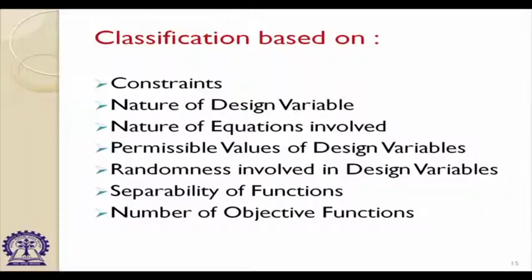And the last point that is very important: in real life situations, it may happen we may not have one objective function. Whenever we are considering minimization of an objective function, generally we are considering the cost function. Whenever we are considering maximization, we are considering the profit, or the goodwill of the firm. It may happen both objective functions are together.